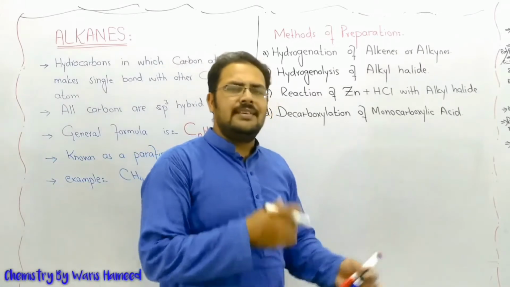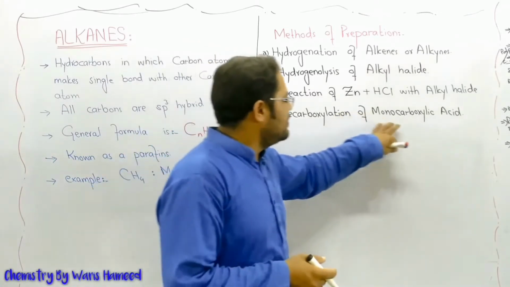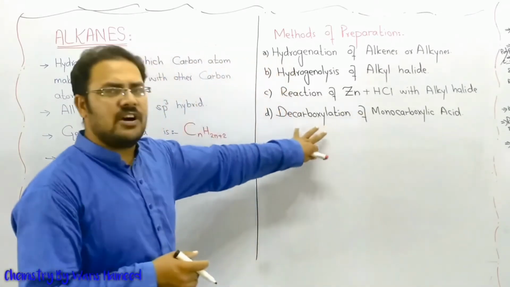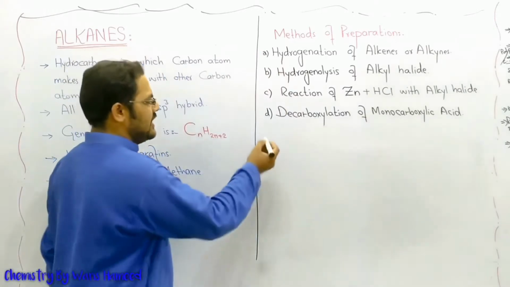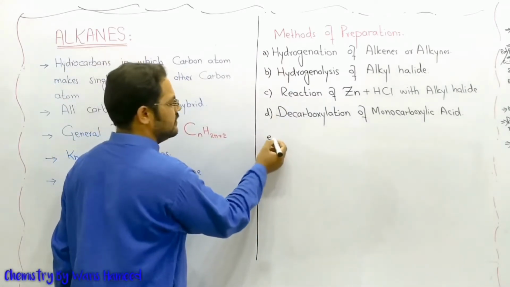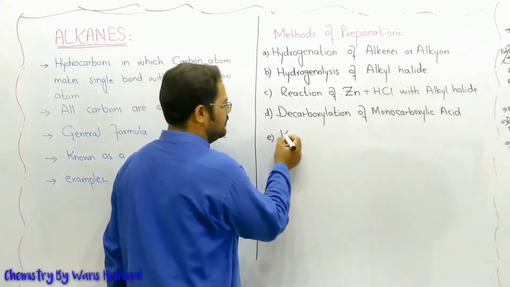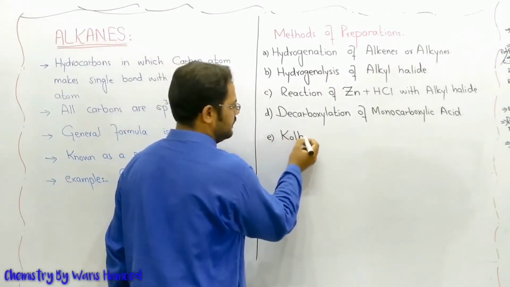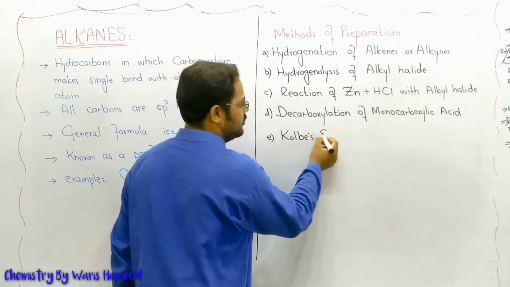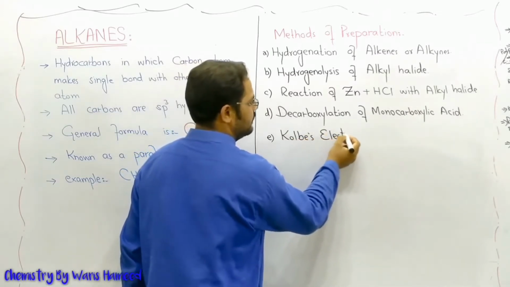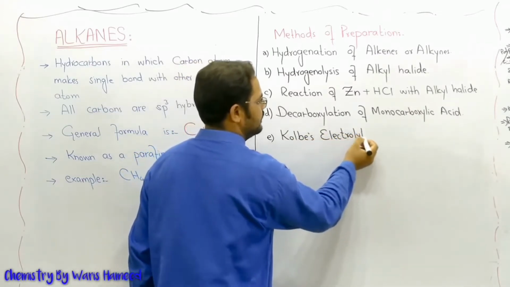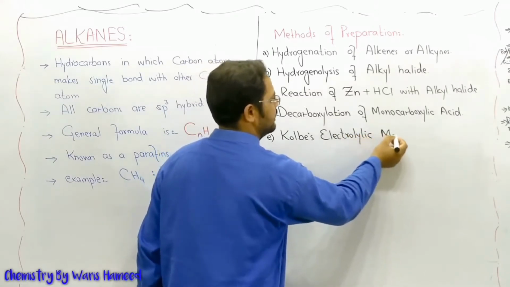When we heat these three things, it forms alkane by the removal of carbon dioxide. The fifth method is Kolbe's electrolytic method.